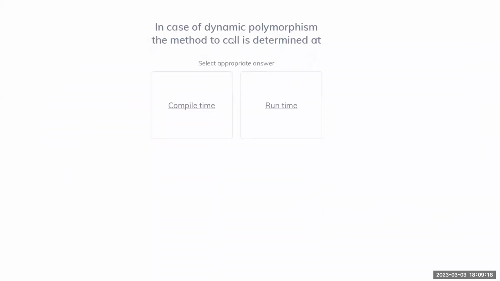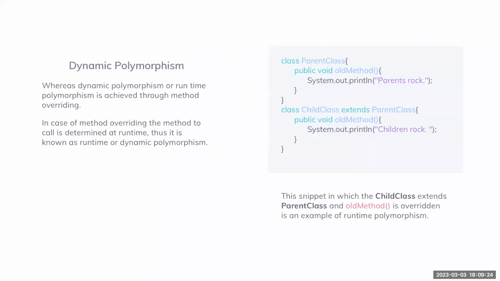In case of dynamic polymorphism, the method to call is determined at runtime. Let me cover this one; I skipped one of the pages. So what is dynamic polymorphism? Dynamic polymorphism, also called runtime polymorphism, is achieved through method overriding.